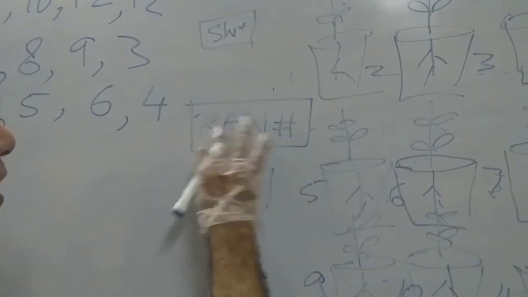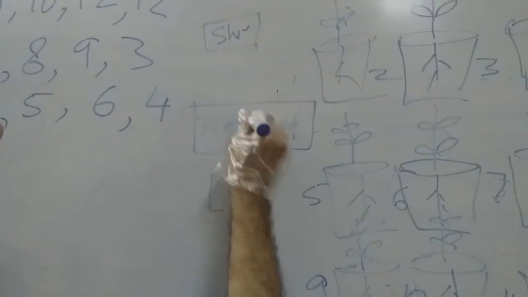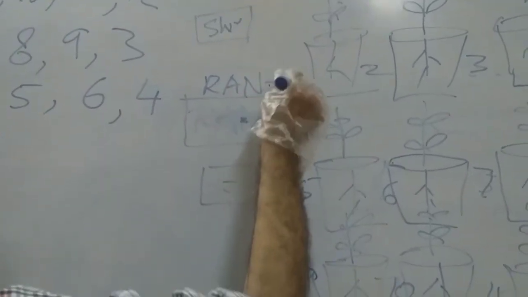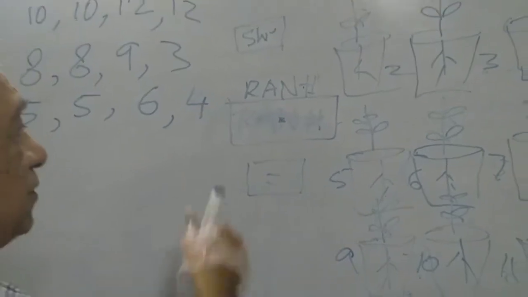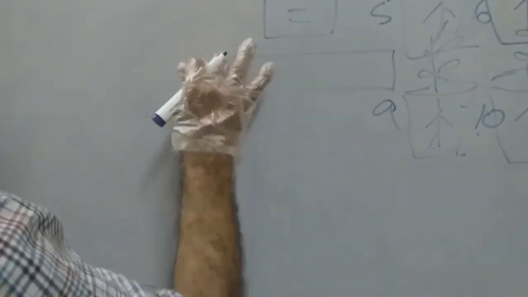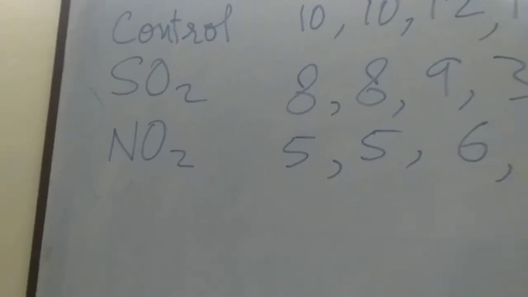This is actually a second function where there is a dot, and the second function is RAN. So you press shift, then dot, then equal to. That gives you on the screen a random number. Using those random numbers, we assign the treatments. And these are the 3 treatments: control, sulfur dioxide, and nitrogen peroxide.